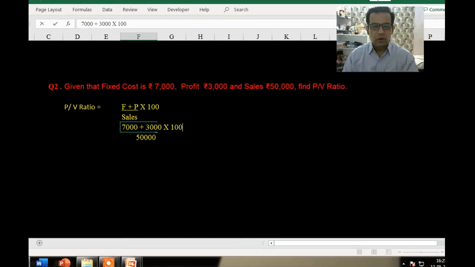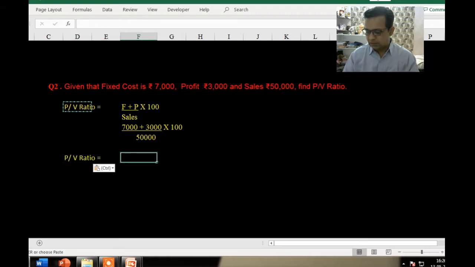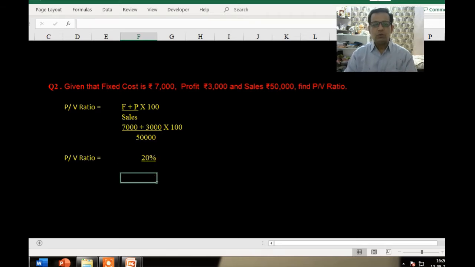Okay, so if we look at this equation carefully, what we get is 10,000 divided by 50,000 into 100, which we all understand by pure common sense or mathematical calculation, the answer for PV ratio is 20%. And that's the value of PV ratio in this question.